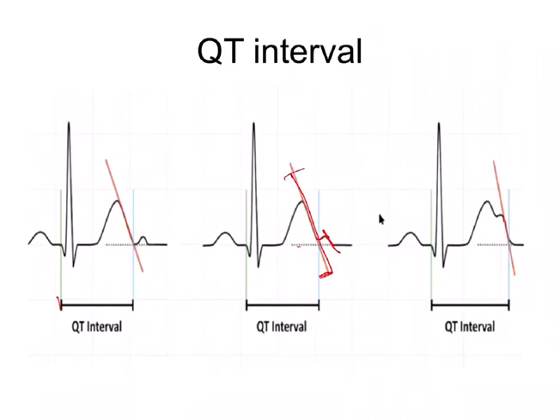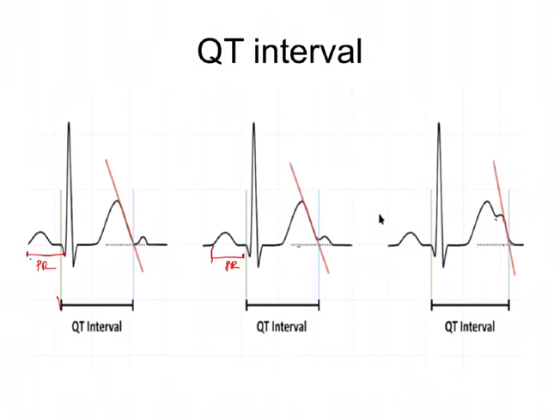Since it is very high and we can't say that it will come here, we took the tangent from this wave, and where it crosses the isoelectric line or baseline, we get the end of the T wave. The QT interval is from the beginning of the Q wave to the end of the T wave.